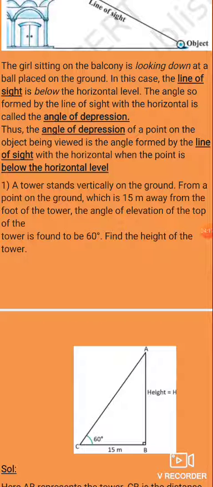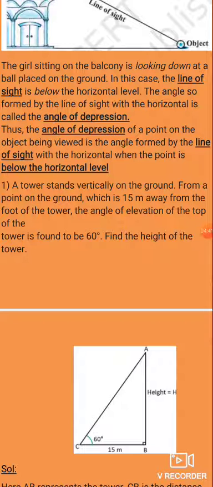Find the height of the tower. So listen carefully. The angle of elevation to the top of the tower. AC is the line of sight and CB is the horizontal level. So the angle formed between the line of sight and the horizontal level is called what? Angle of elevation. So angle of elevation is always above the horizontal level.